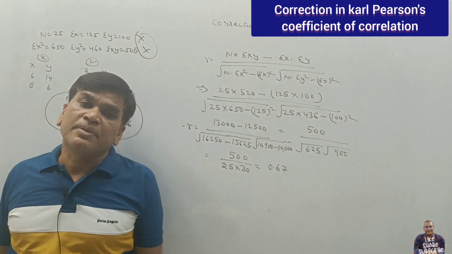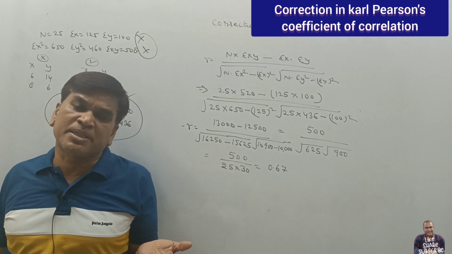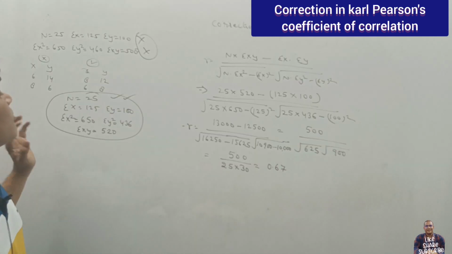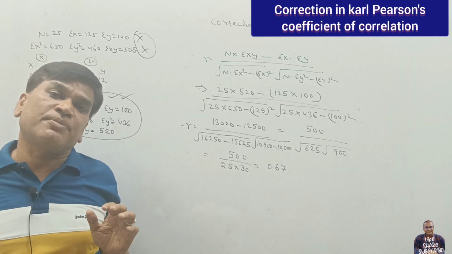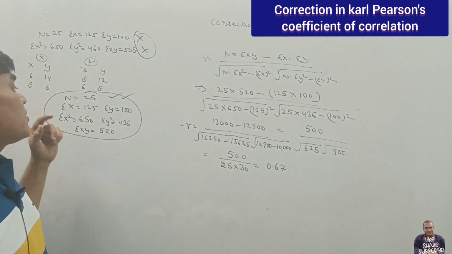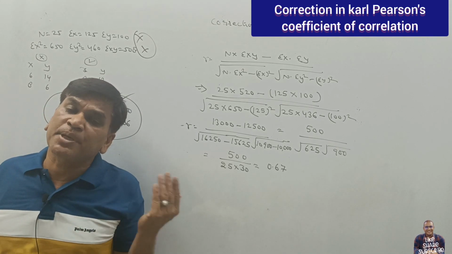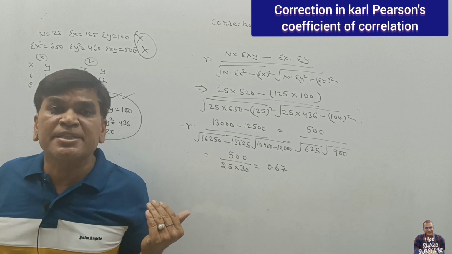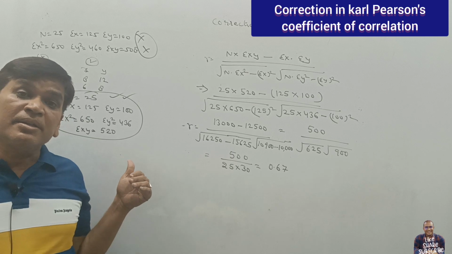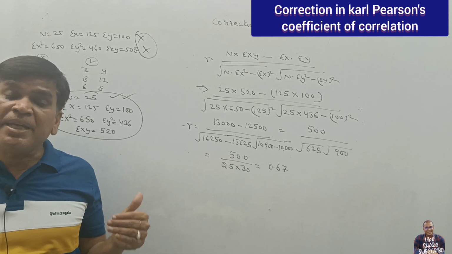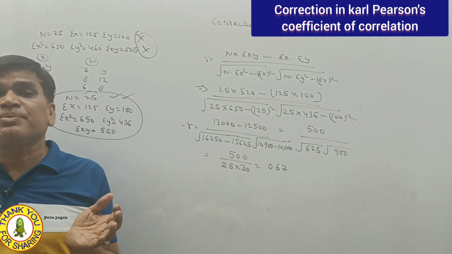So if some mistake is there, whether one mistake or two mistakes, to solve these mistakes and correct the calculation of the Karl Pearson coefficient of correlation, the very first thing we have to do is correct the value of sigma x by adding the correct value and subtracting the wrong value. Then we correct sigma y by adding the correct value and subtracting the wrong value. Then we correct sigma x squared by adding the square of the correct value and subtracting the square of the wrong value.